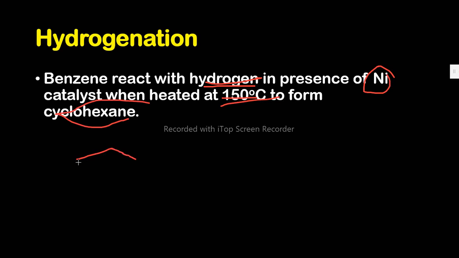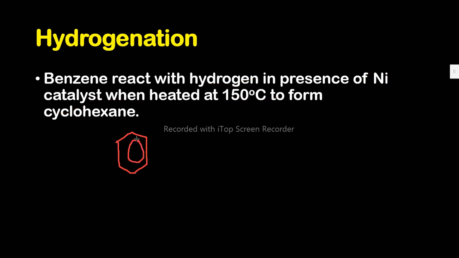Let me also give you another one. So let's say I have this one, and I have my benzene, and I react my benzene with hydrogen in presence of platinum catalyst, or in presence of palladium at room temperature, or in presence of nickel, and the nickel is heated at 150 degrees Celsius.